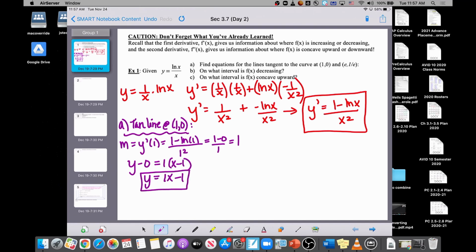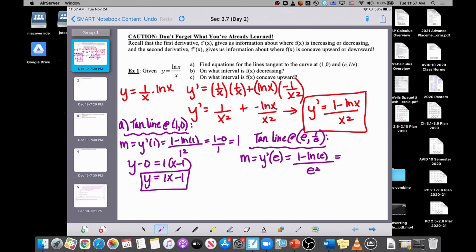They also want us to find the tangent line to the curve at (e, 1/e). So I need to find my slope first when x is e. So my slope is going to be y prime of e, which is going to be equal to 1 minus natural log of e over e squared.